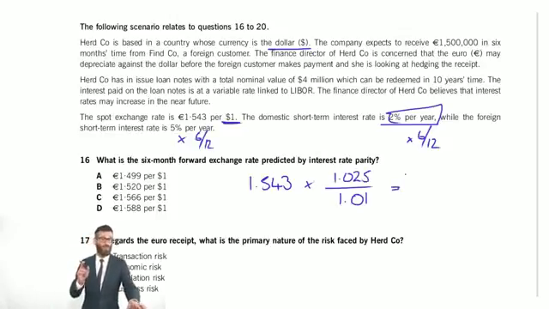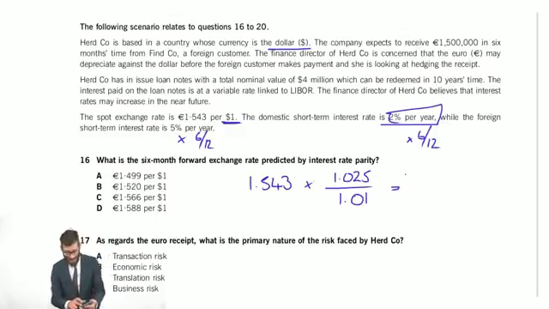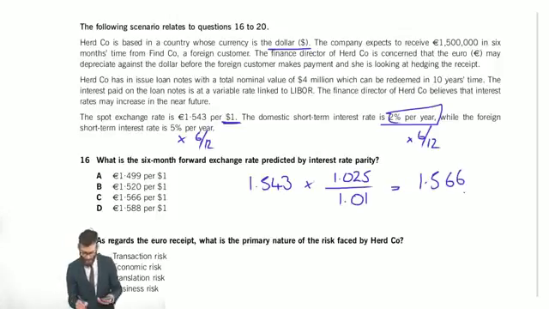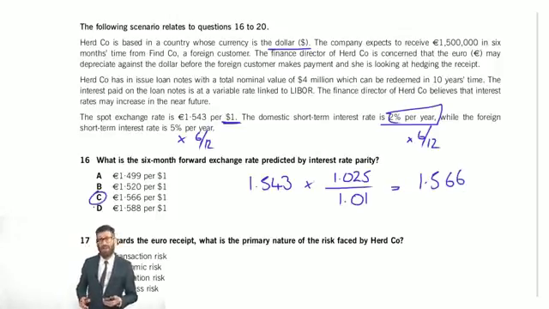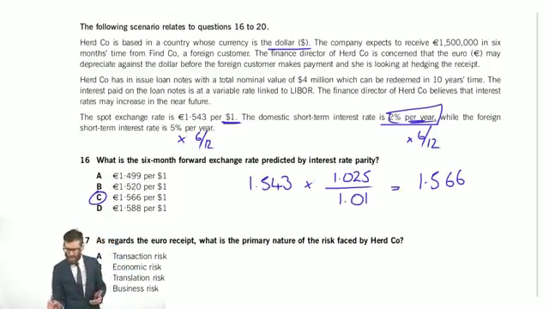So it's no different from what you've seen, except you had to prorata those rates. That gives me 1.566, answer C. You could do that as long as you didn't get fooled by the per year element.